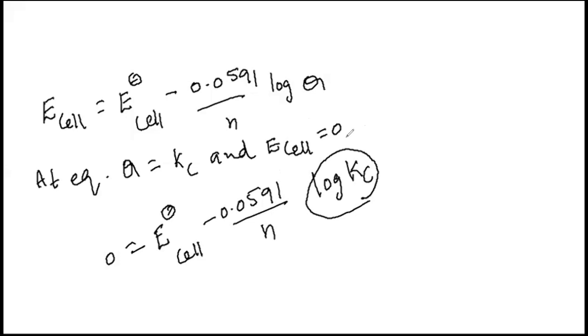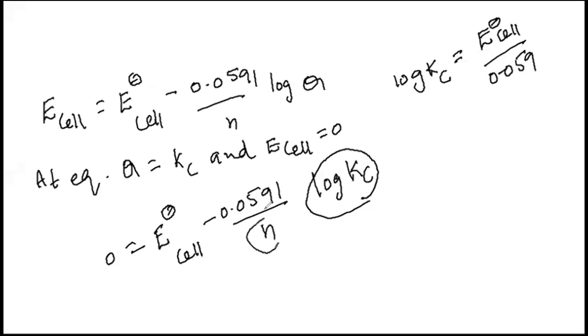Log Kc is equal to E naught cell by 0.059, we can take. But here n is equal to how much?